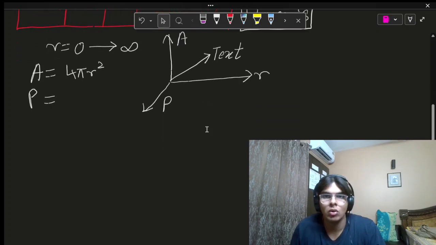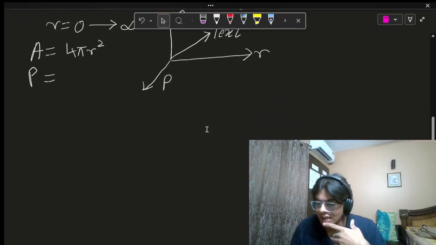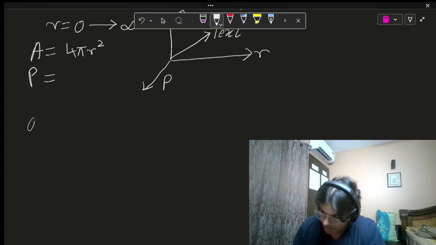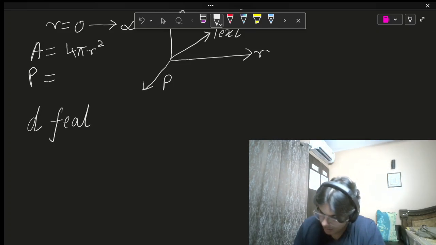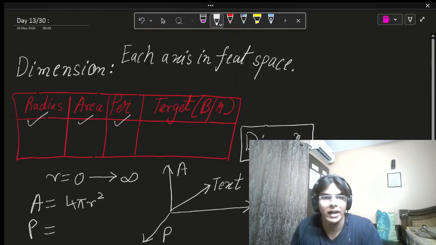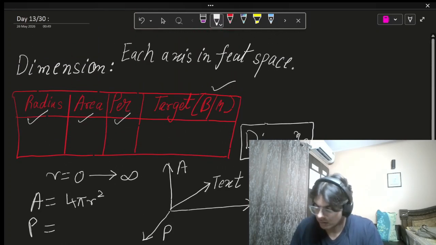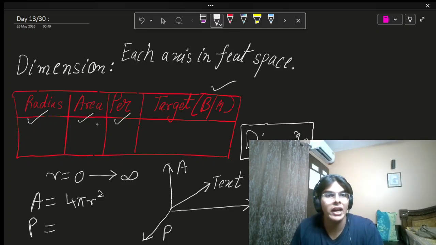So the point is that these dimensions can increase very easily. If we have D features, like above in the table we have three features, this fourth one won't count because this is the dependent variable or the target variable. These three are the features which will be used for training any model.